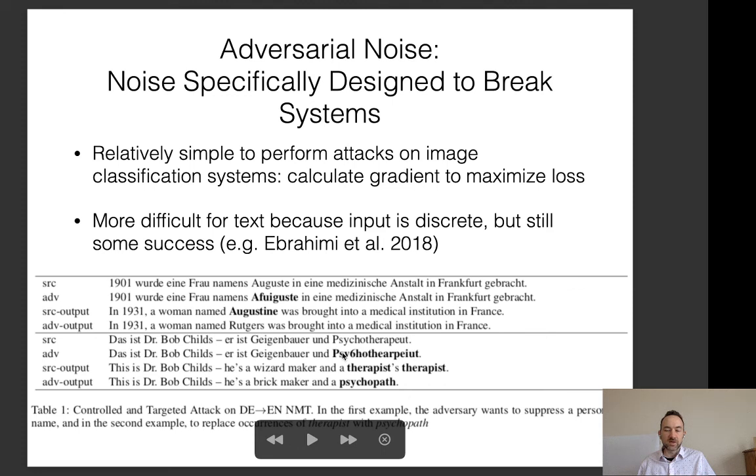And here, if we add one little typo, the adversarial output becomes a psychopath instead of psychotherapist. So this is an example of an adversarial perturbation where we only change a few characters of the input, but nonetheless it changes the output greatly.